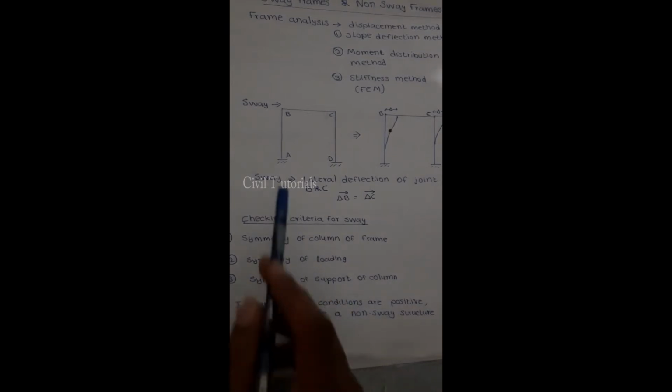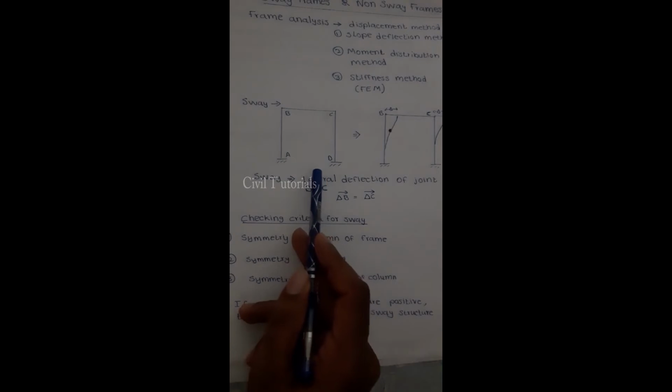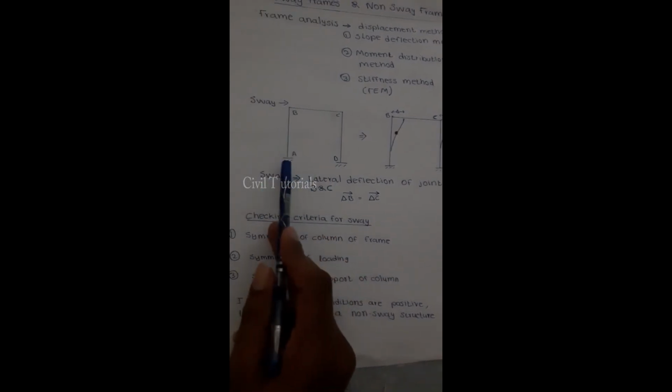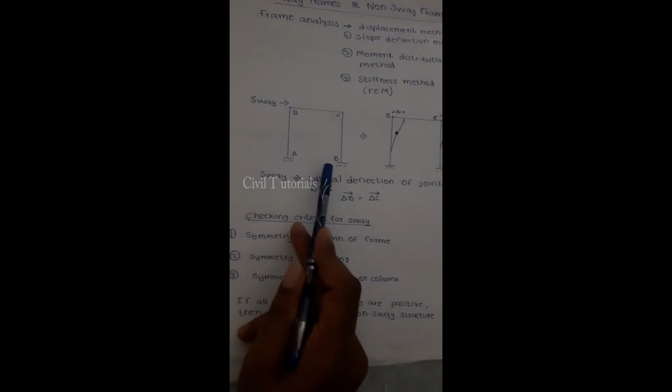Let's check another criterion for sway: symmetry of support of columns. Here at A and D, we have fixed end supports. They can resist all three translation forces and all three moments. So it's a non-sway structure.